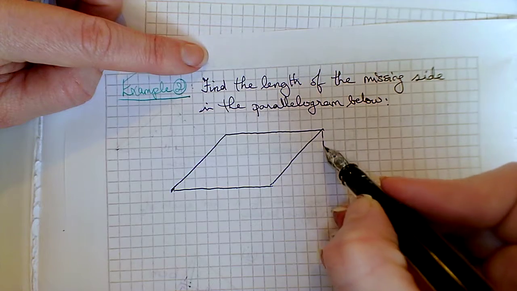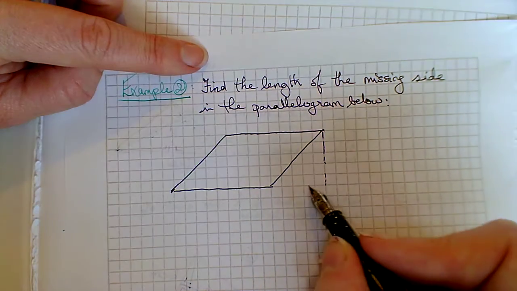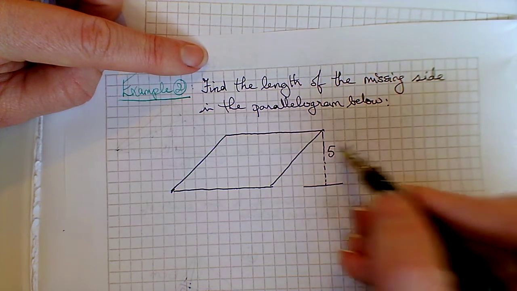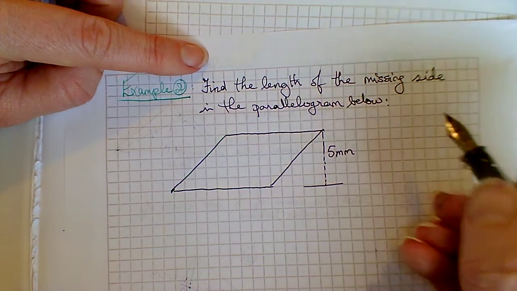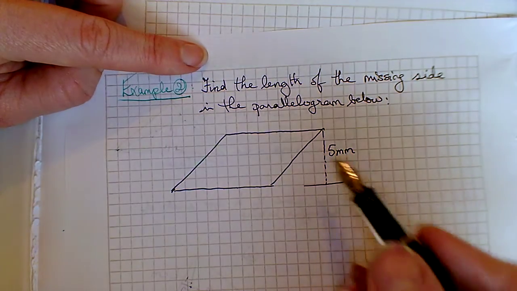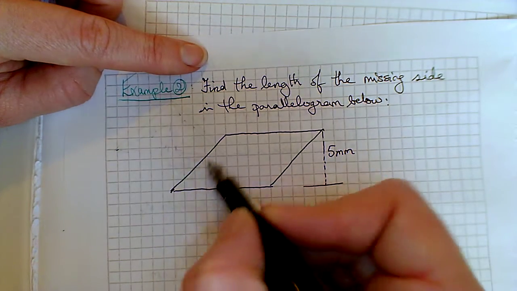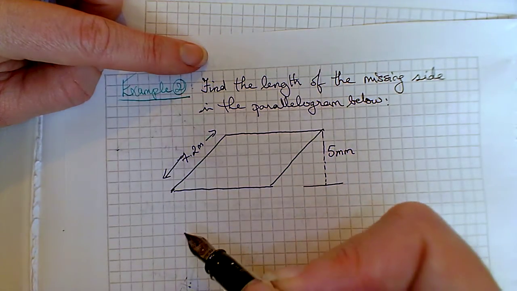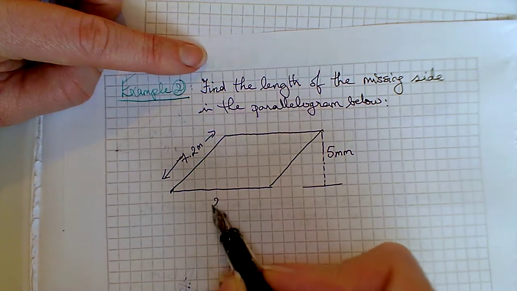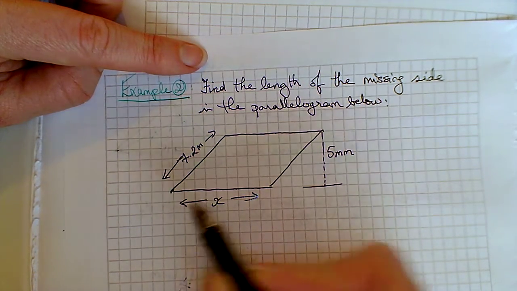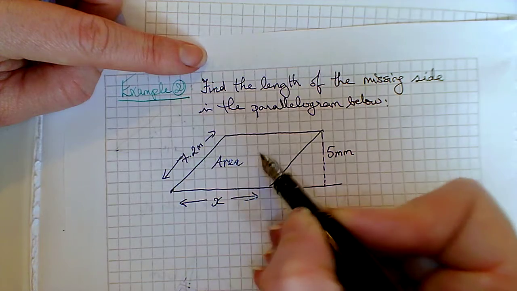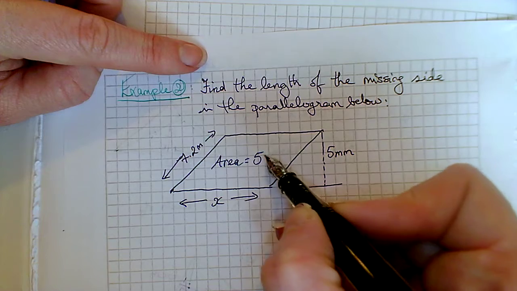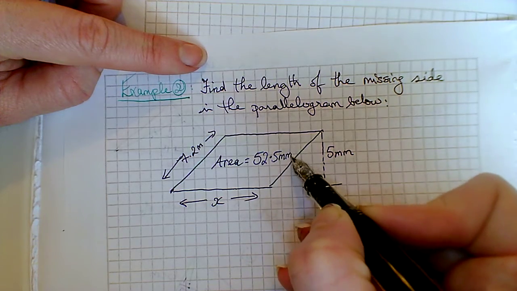And we're told that this distance here is, say, 5 millimeters. And we're told that this distance here is 7.2 millimeters, but we actually don't care. And we're asked to find this distance here if we know that the area is 52.5 millimeters squared.